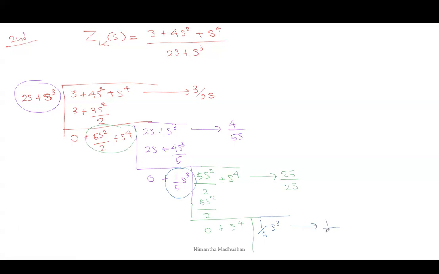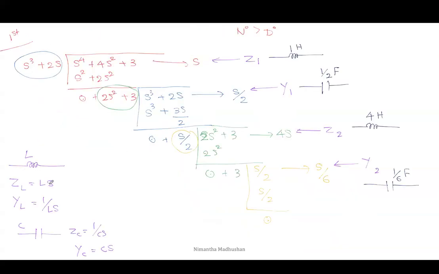This one 1 over 5s. 1 over 5s cube. Final answer is 0. From this one, this is impedance one. This is admittance function, Y1. Again, impedance is Z2. This one again, admittance value. To find what the elements are, whether it is an inductor or capacitor, we have to refer to these values.